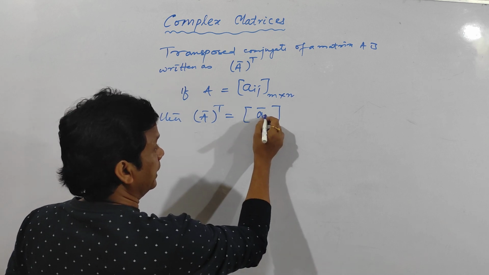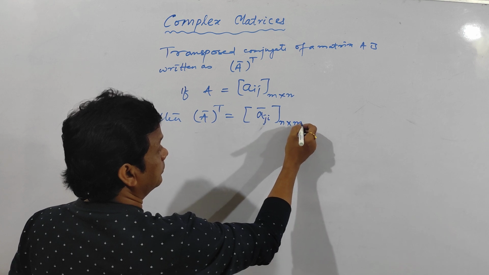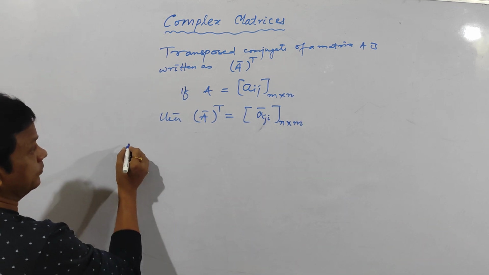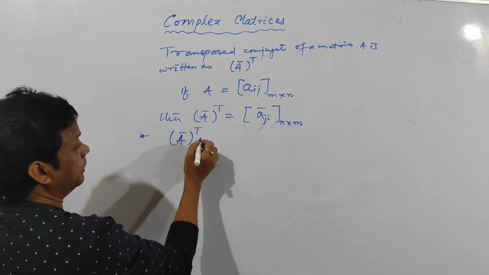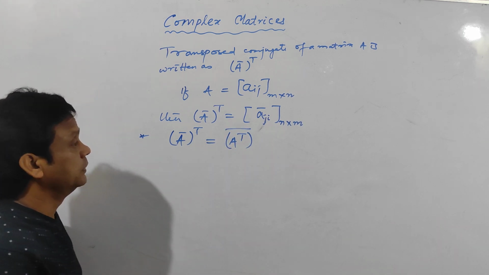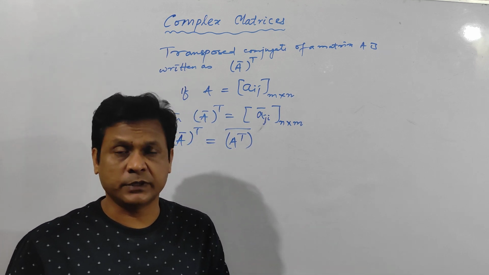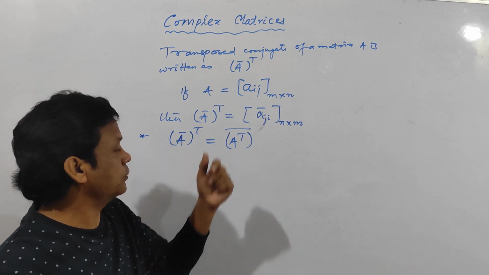So this will become ji, and n by m will be the new order. Clear? So I am giving an example, and one restriction is there. A bar transpose is same as A transpose whole bar. First take the conjugate and take its transpose, or first take the transpose, then take the conjugate. Same thing. A bar transpose equal to A transpose whole bar.